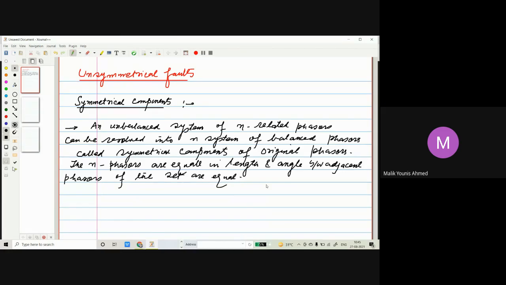So they will be 120 electrical degrees apart in the case of a three-phase system, and similarly in other systems.